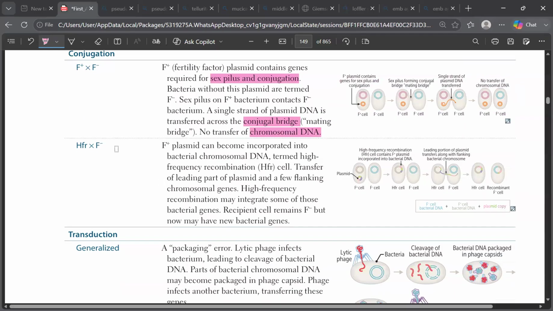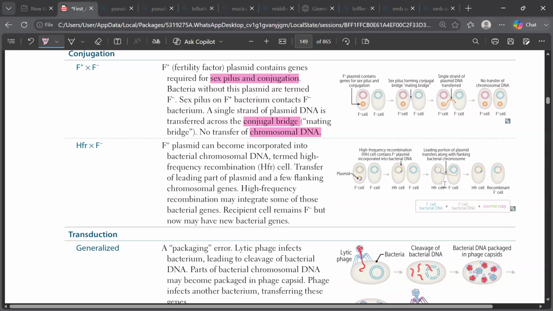We then have Hfr crossed with F negative. So again, there's an F positive cell and an F negative cell. And then we have a high frequency recombination cell that contains the F positive plasmid incorporated into bacterial DNA. So this was a separate plasmid and separate bacterial DNA, but in an Hfr cell, or high frequency recombination cell, the plasmid recombines with the DNA, and there is an F negative cell.